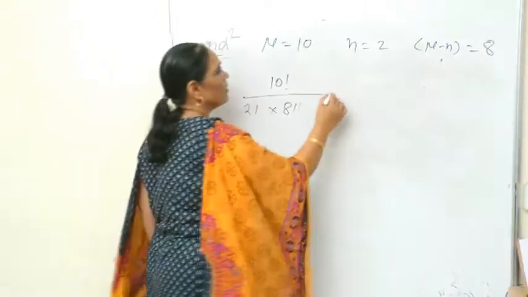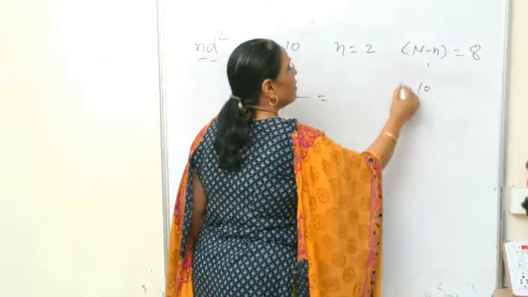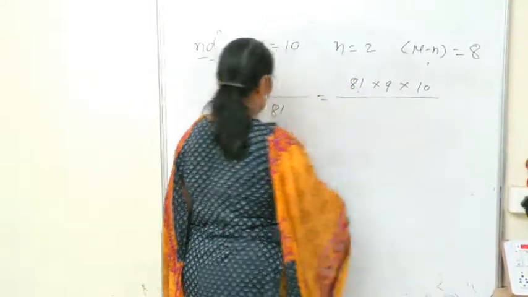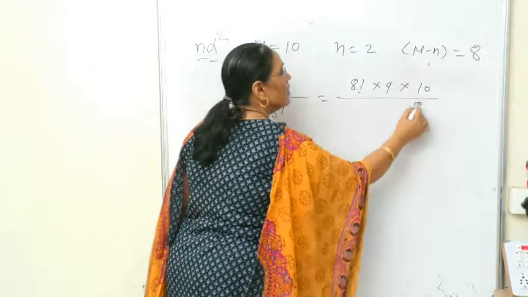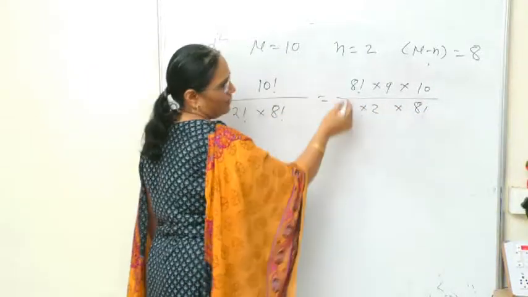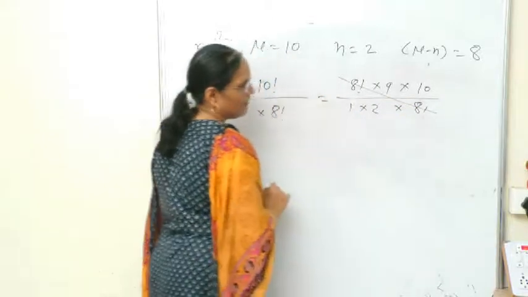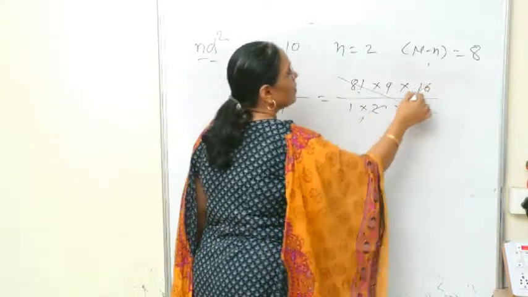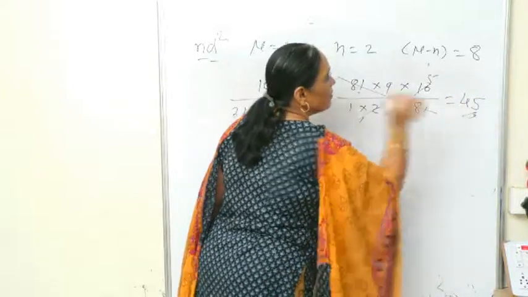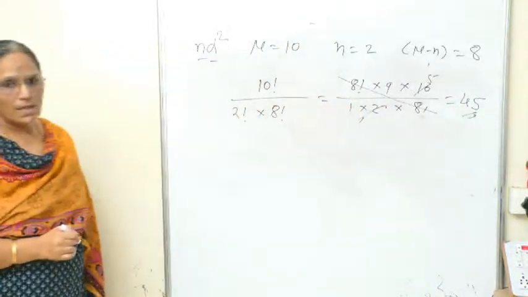The denominator contains 8 factorial, therefore 10 into 9 into 8 factorial by 8 factorial into 2 into 1. So 8 factorial will get cancelled. Here 2, 5. So a total of 9 into 5, 45 microstates are possible.